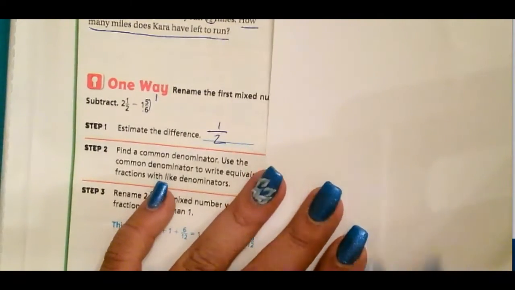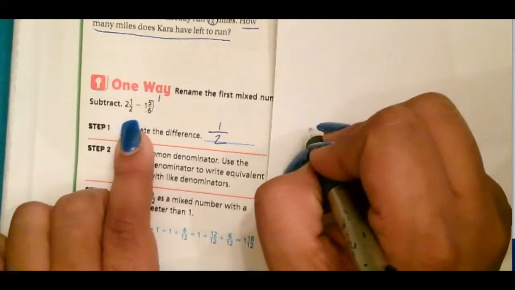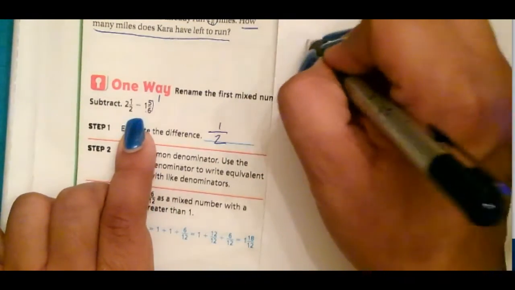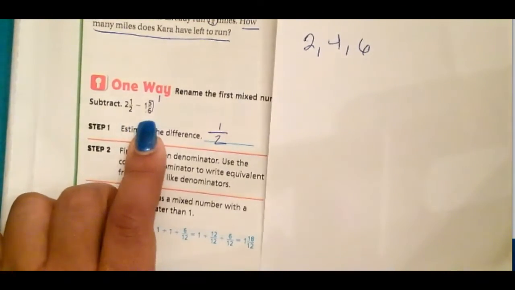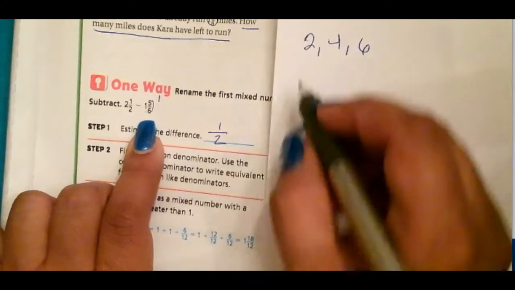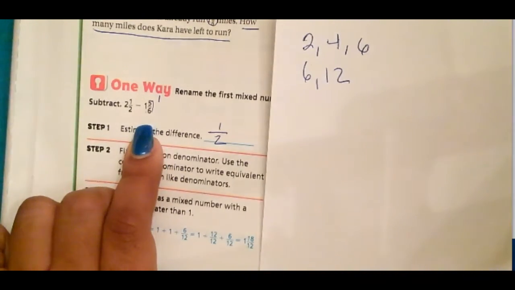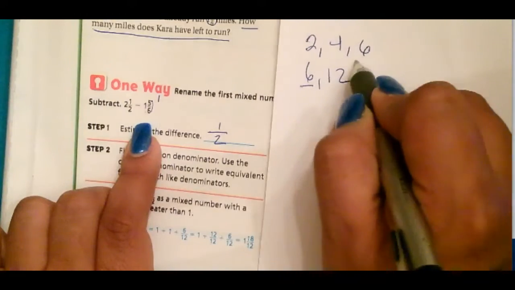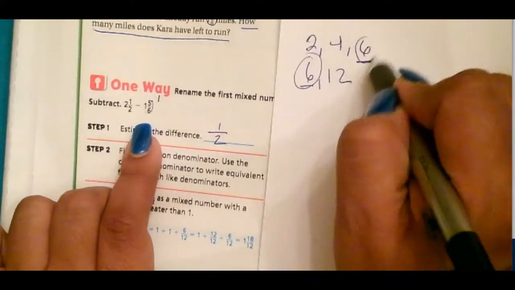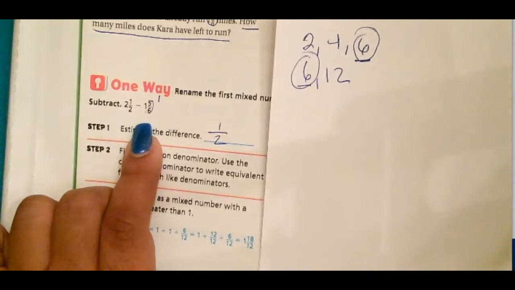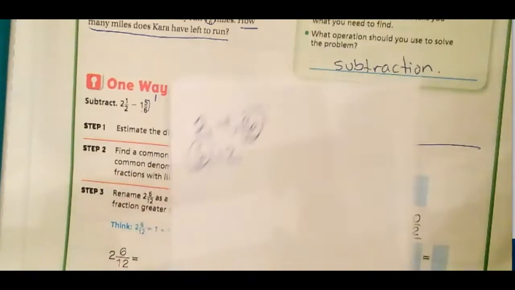I'm going to find my common denominator by writing the multiples of 2: 2, 4, 6. And then the multiples of 6: 6, 12. I'm going to stop there because I already see a common multiple. This common multiple is my common denominator. My common denominator is 6.